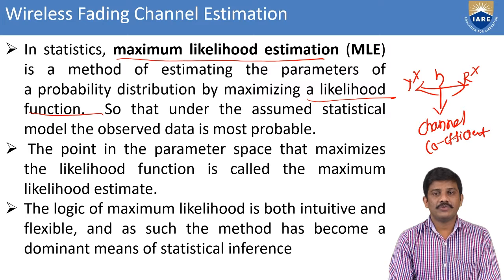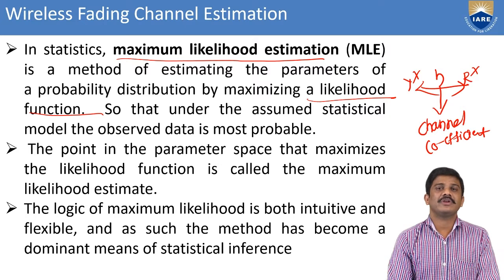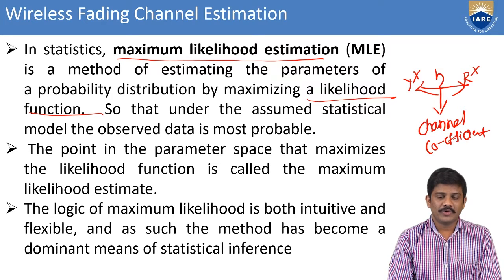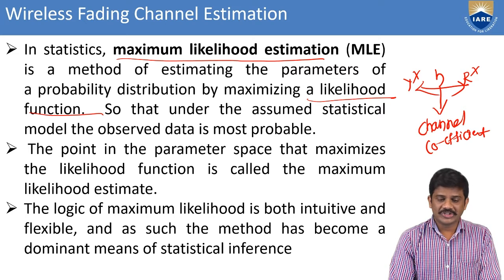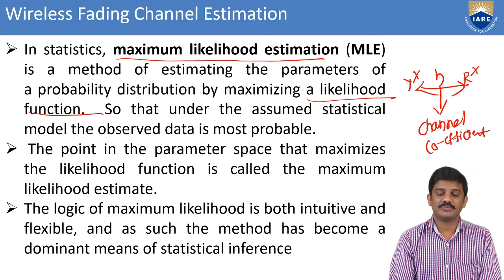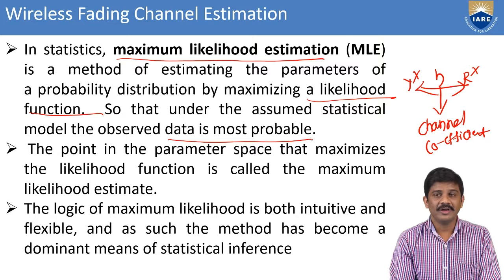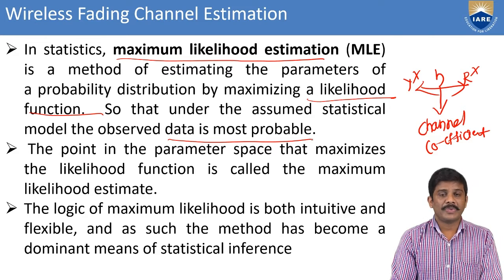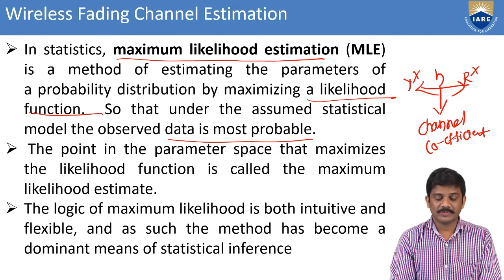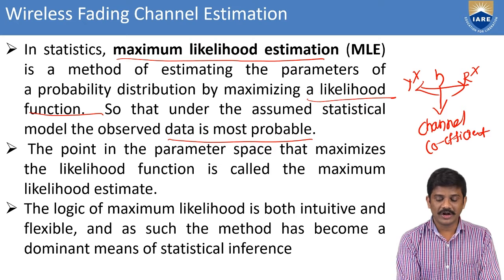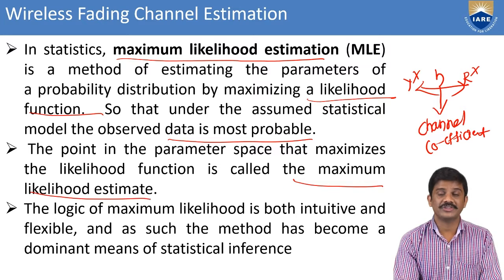That's why we have to maximize the likelihood function. It comes under statistical models, where the observed data is most probable. The point in the parameter space that maximizes the likelihood function is called the maximum likelihood estimate.